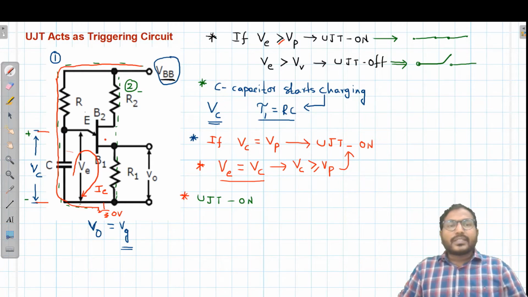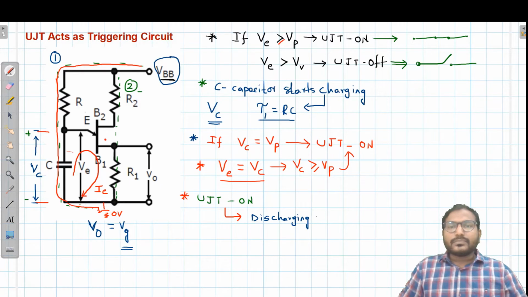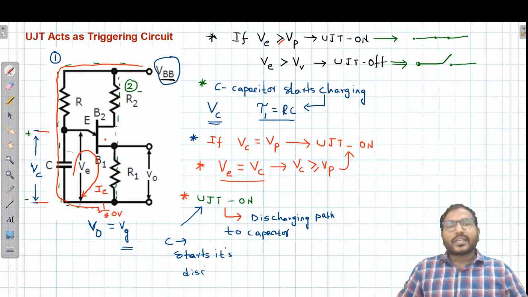So when the UJT turns on, it allows the conduction and also provides a discharging path to the capacitor. When the UJT turns on, the capacitor starts its discharging.